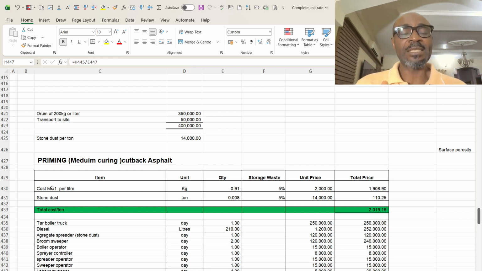But in this case, I am considering 0.9, and the density for an MC product is 1.01.